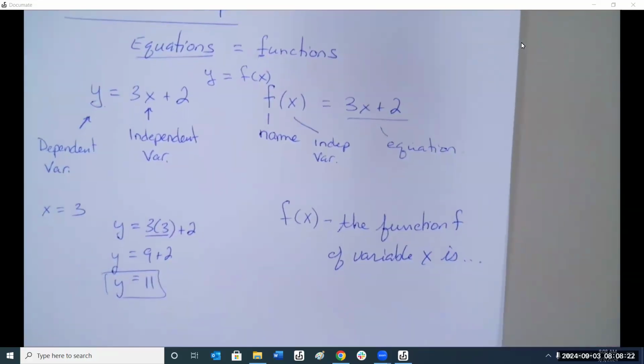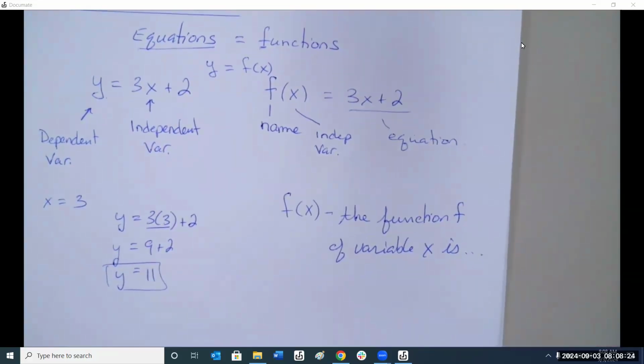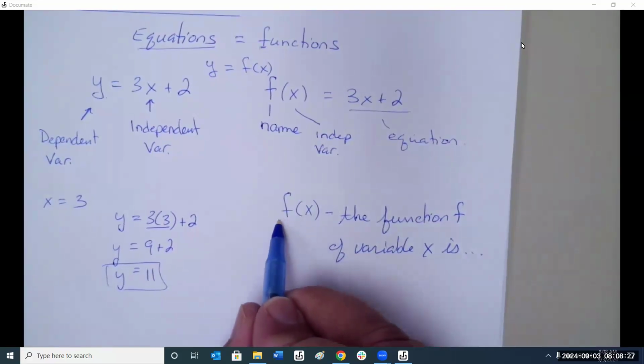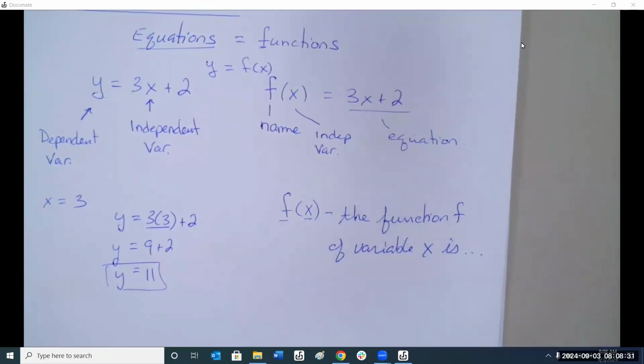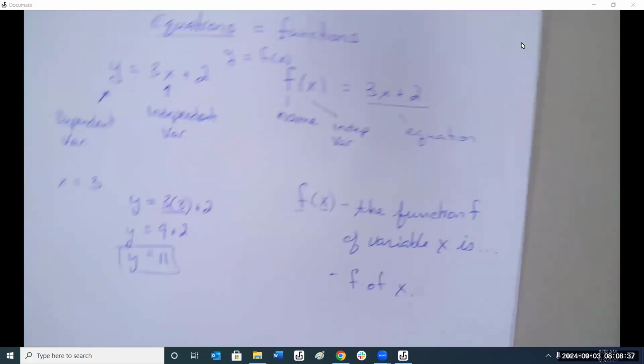That's how you would read it. The function f of variable x equals some number, or some equation. We shorten it to f of x.